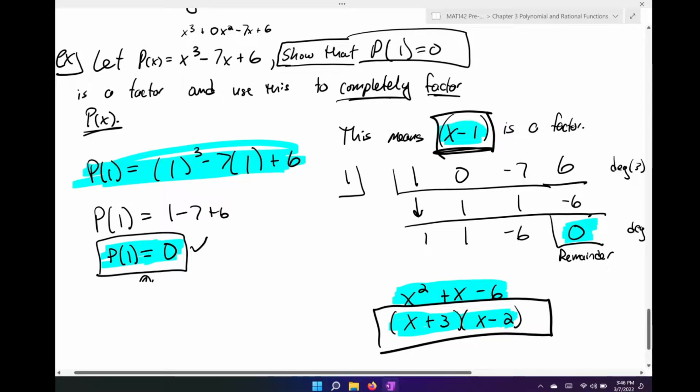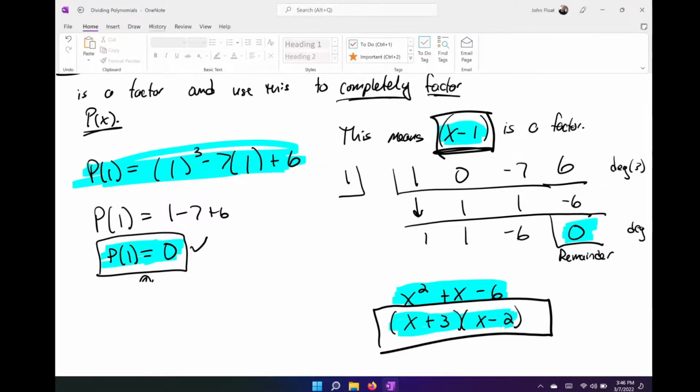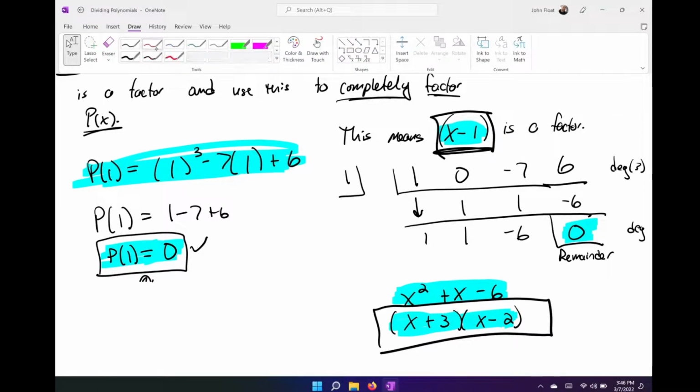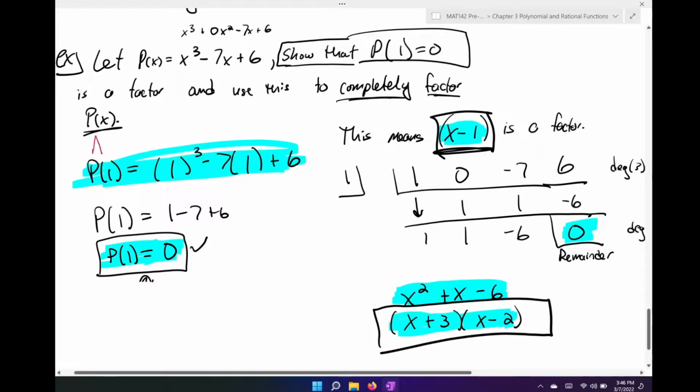Now, here's the first thing. Number one, on the far left-hand side, and I'm going to write this in red just so you can see what I'm talking about. The first thing that we did here was we applied our remainder theorem, okay? And all the remainder theorem tells us is this.